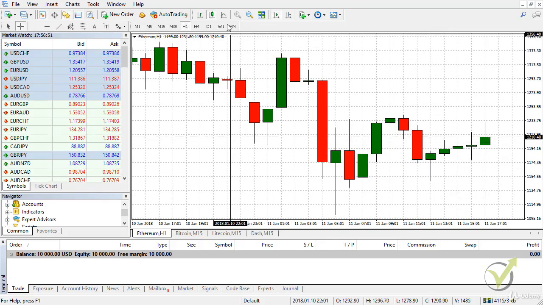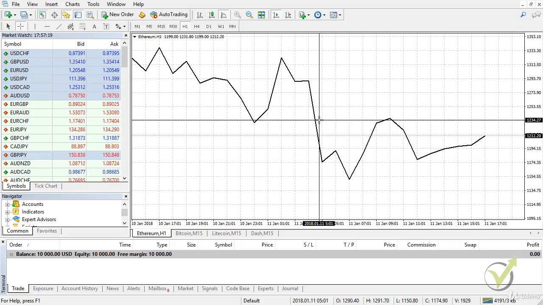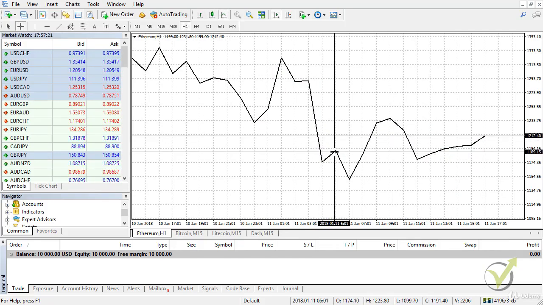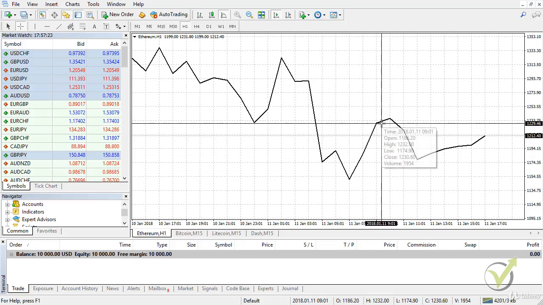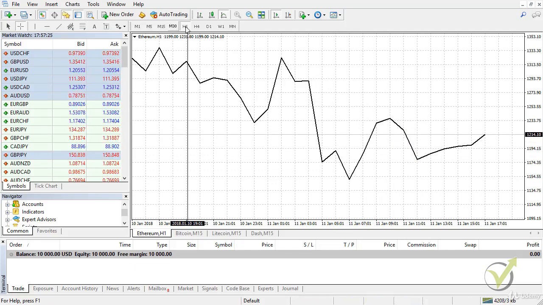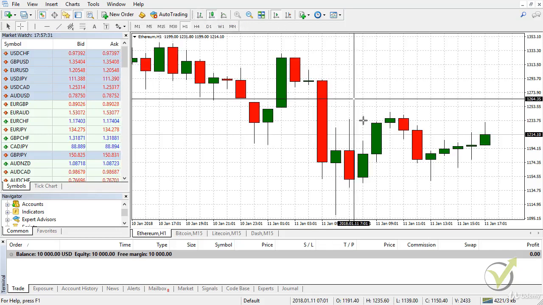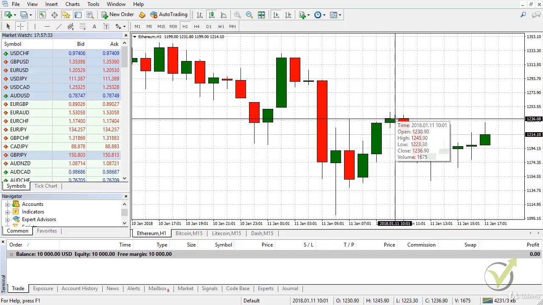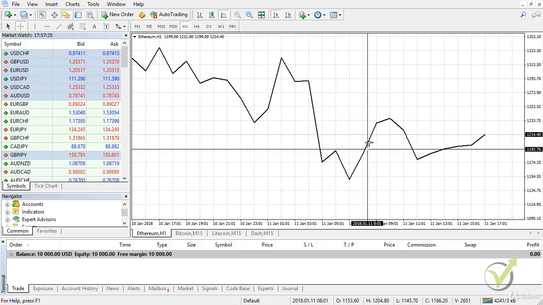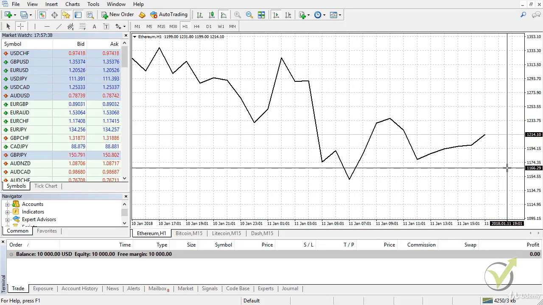And the third type we have is the line chart. Normally the line is just connecting the closing of each bar that we see on the candlesticks or on the bars. Obviously here we have much less information.